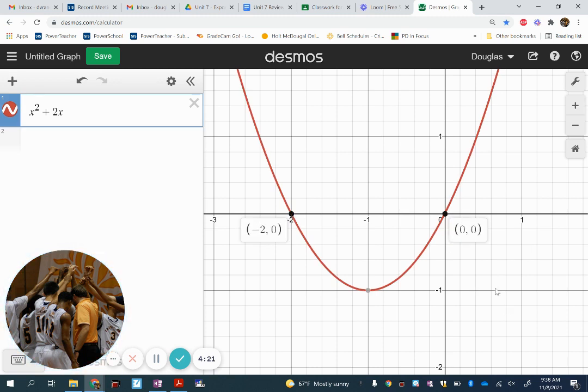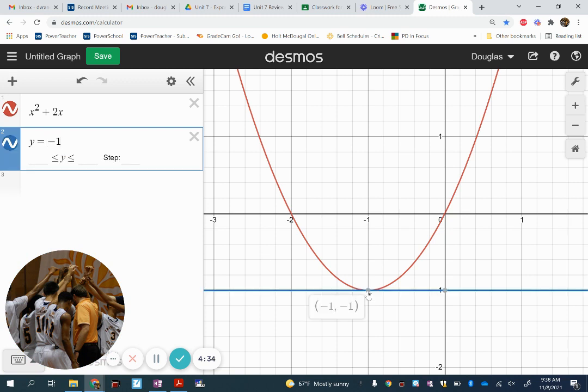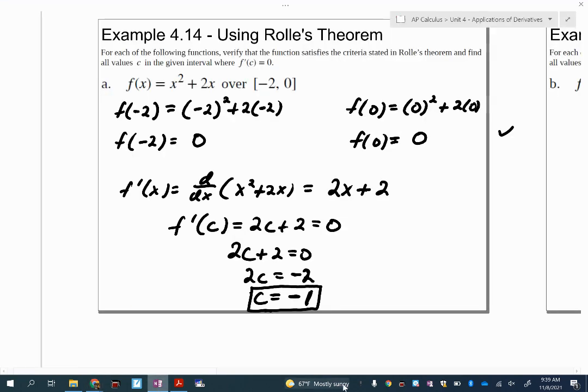So that was part of our work to make sure this was actually applicable. And then you'll notice at this c value of -1, if I were to draw that tangent line right here, the slope of it is 0. So at that point, the derivative of this function evaluated at -1 would be 0. Okay? Now let's do another one.